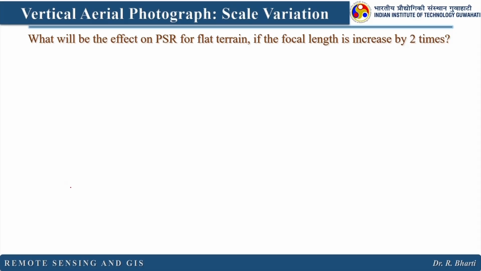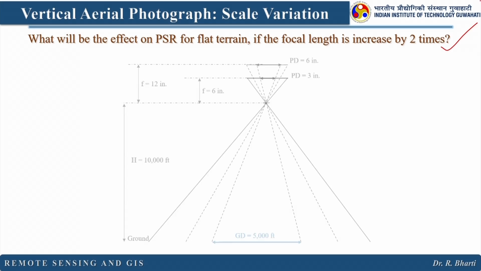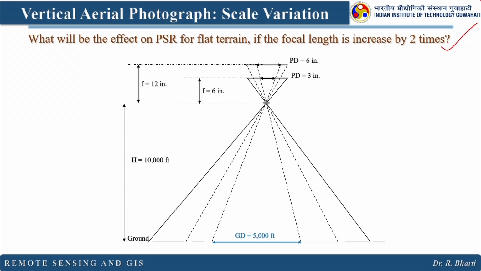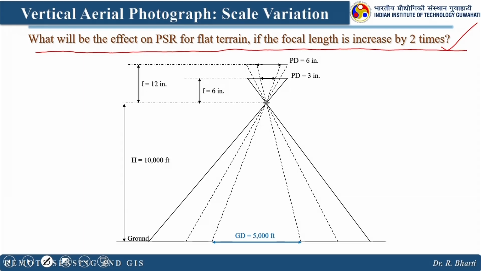Now, let us see some examples. This is one question for you to try, and the answer is given in the next slide. But before going to the next slide, please try it yourself and then see the answer. The question is: what will be the effect on PSR for flat terrain if the focal length is increased by 2 times?